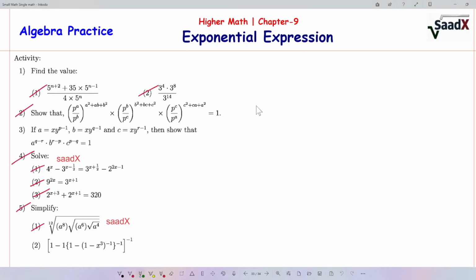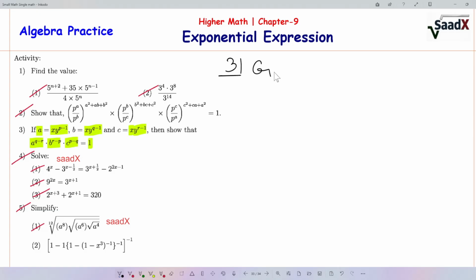very simple. Number 3, this math will look big: if a equals x y to the power p minus 1, b equals x y to the power q minus 1, c equals x y to the power r minus 1, then show that a to the power q minus r times b to the power r minus p times c to the power p minus q equals 1. So first, here is given, right?